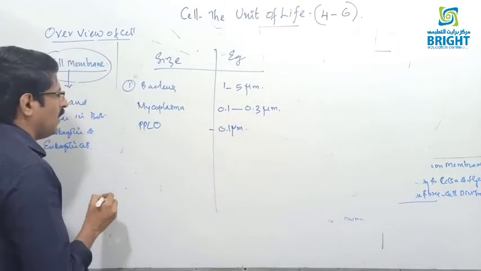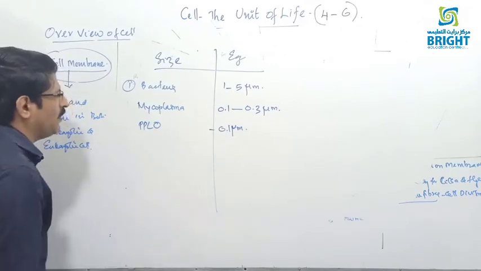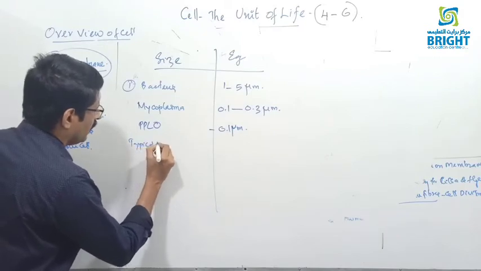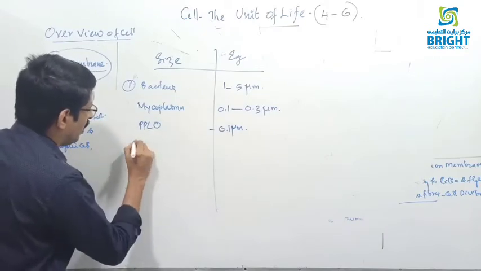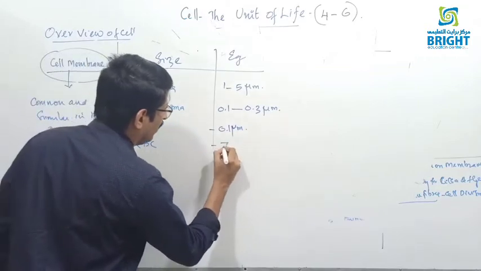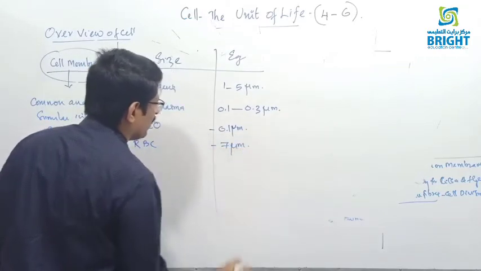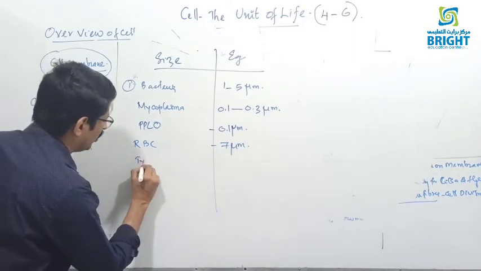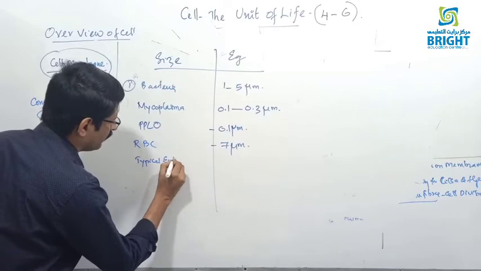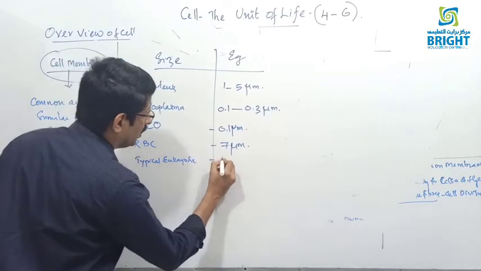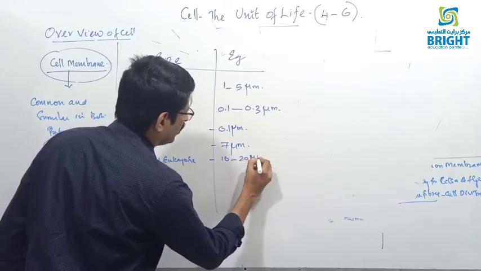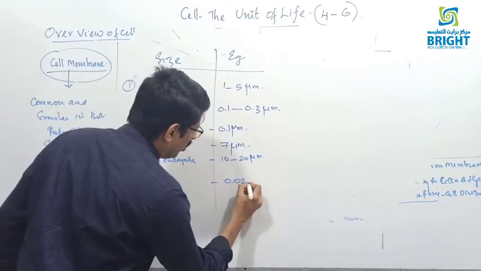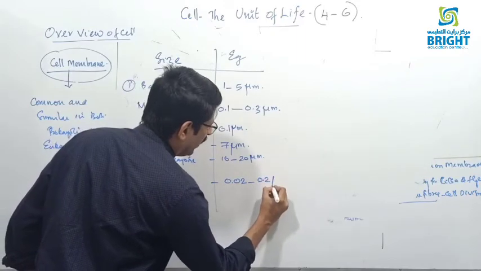And the next size: in the case of RBC, 7 micrometer. And a typical eukaryotic cell is about 10 to 20 micrometer. And in the case of virus, it is about 0.02 to 0.2 micrometer.